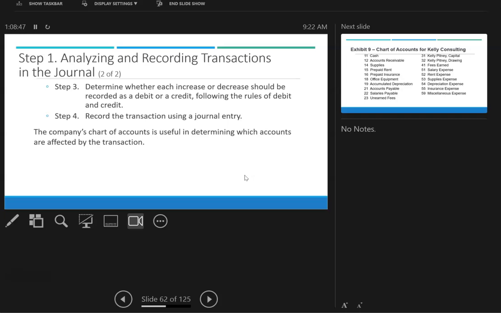Then we determine with each increase or decrease, is it a debit or a credit? So based on what type of account it is, it may be a debit. Based on the account, it may be a credit. We record the journal entry, but our debits will always equal our credits with every journal entry, right?